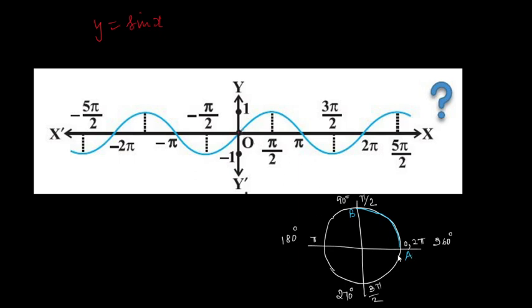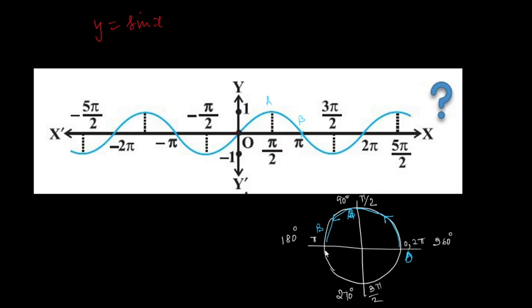Let me put O here, and this is A. So OA has covered 90 degree, and from 90 degree it reaches the B position. Are you able to follow? So that is pi, which is nothing but 180 degree. And here again it comes here.